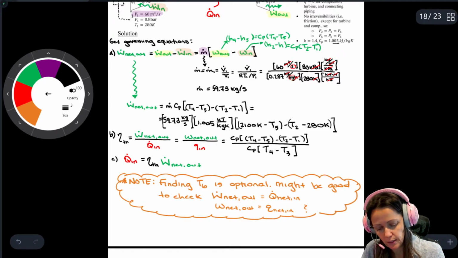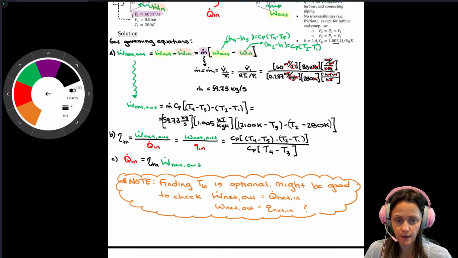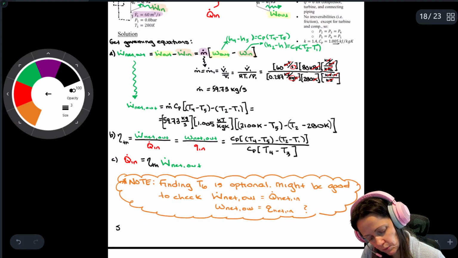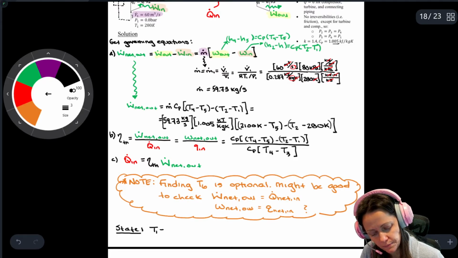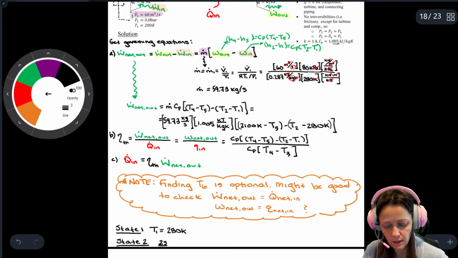Okie dokie. So let's go through and solve for each of our states, and that should do it. So state 1, we know. State 1's given to us. So T1 is 80 Kelvin. State 2, unfortunately, we have an isentropic efficiency of less than 1.